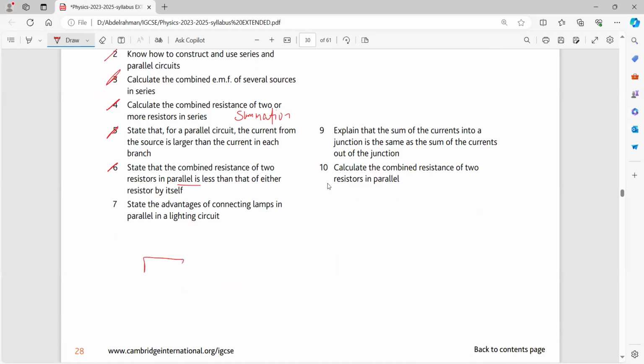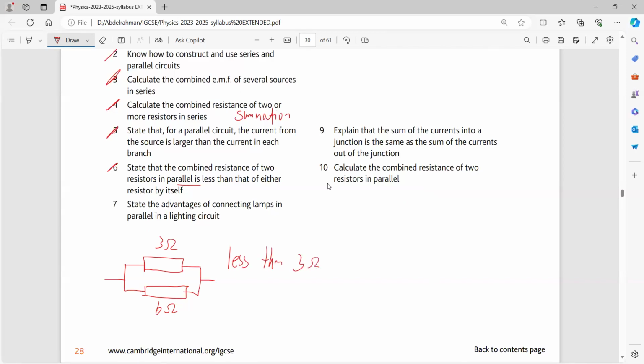If I had, let's say, two resistors, 3 ohms and 6 ohms, we already know that the total resistance has to be less than 3.